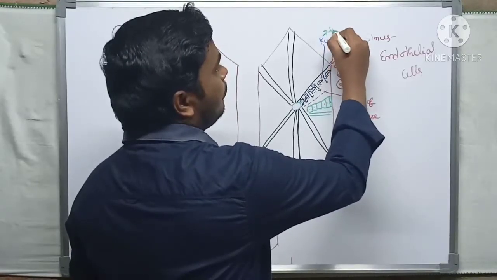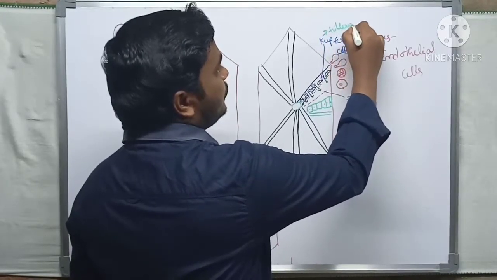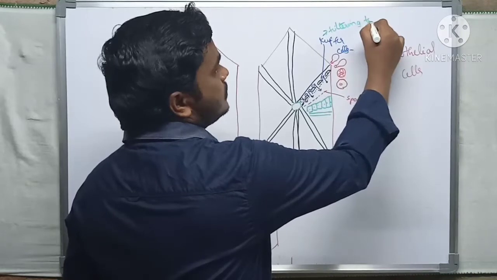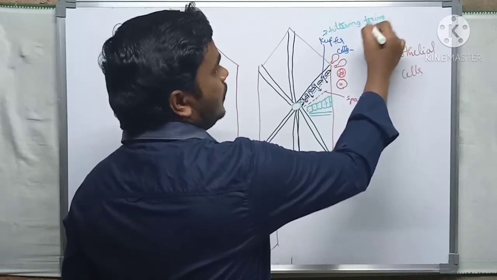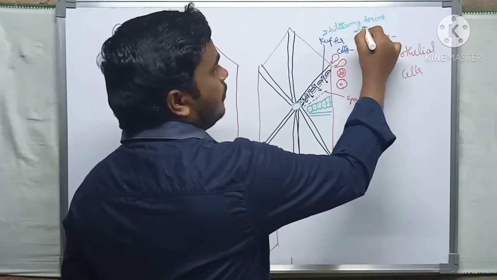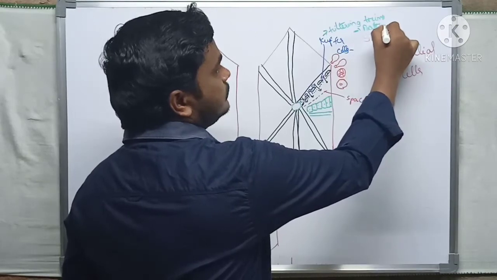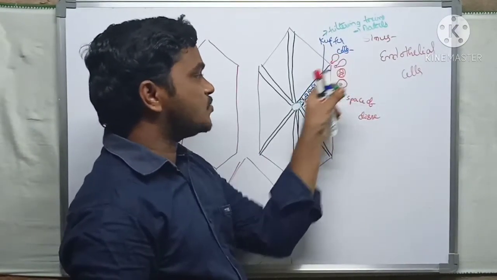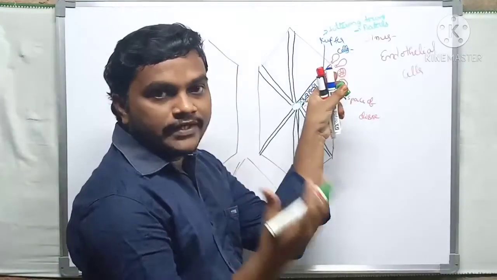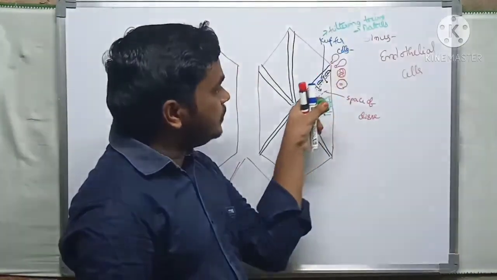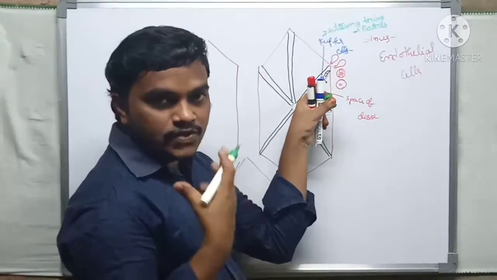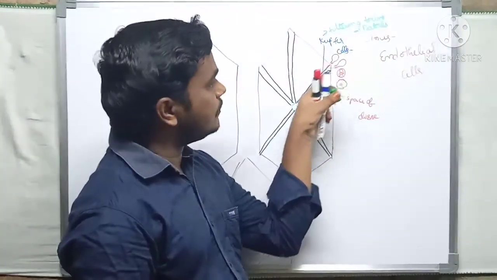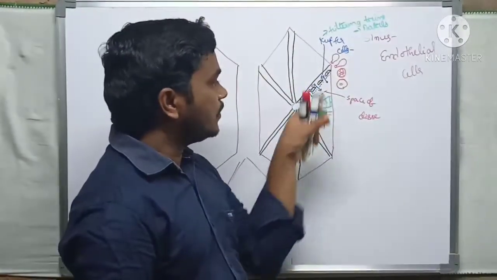Kupffer cells filter toxins and different types of particles. Whatever dangerous material or unwanted material enters these sinusoids is phagocytosed by the Kupffer cells. The Kupffer cells are situated in this location.